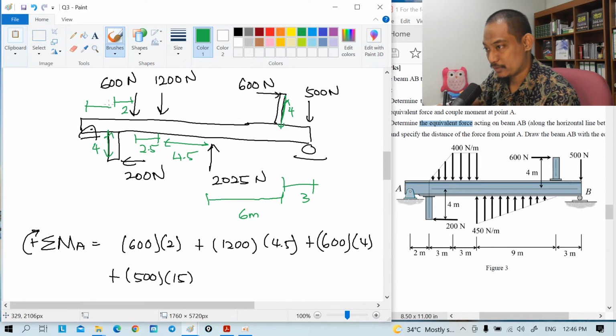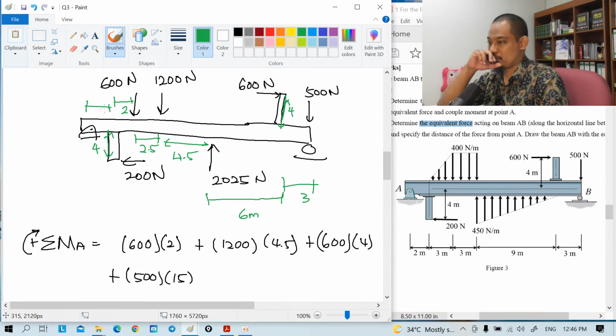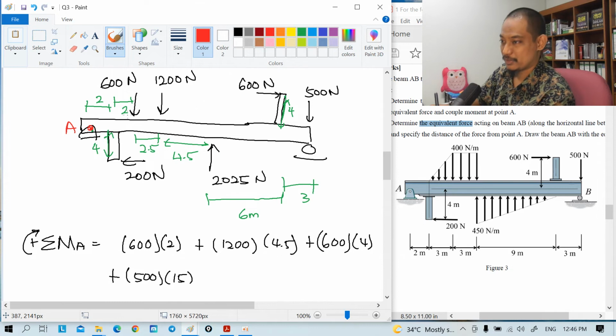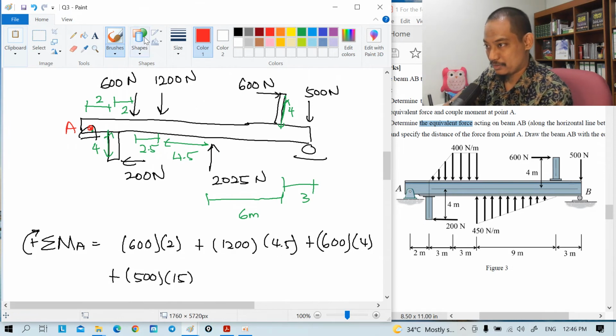Because we calculate from A. Okay, sorry. Now I make a mistake because I consider from here. Should be from here. Right, it is point A here, right? So the distance from there. So again, okay.